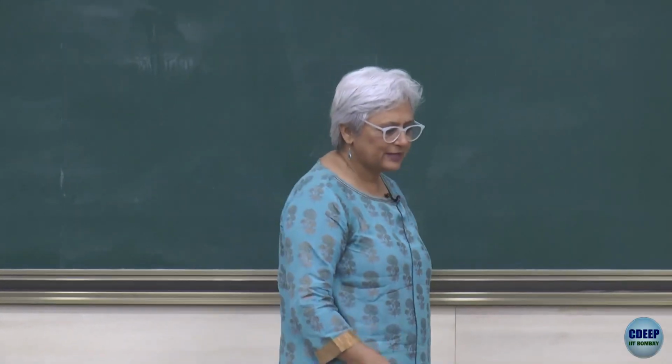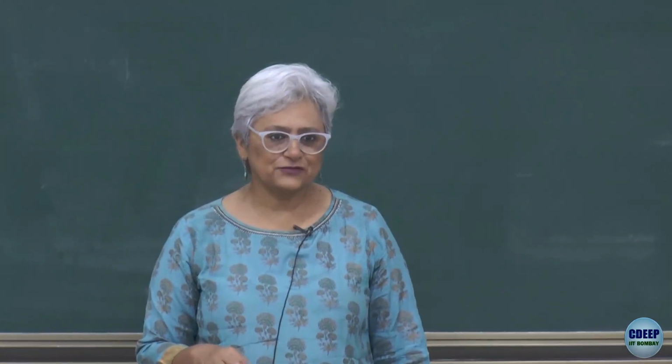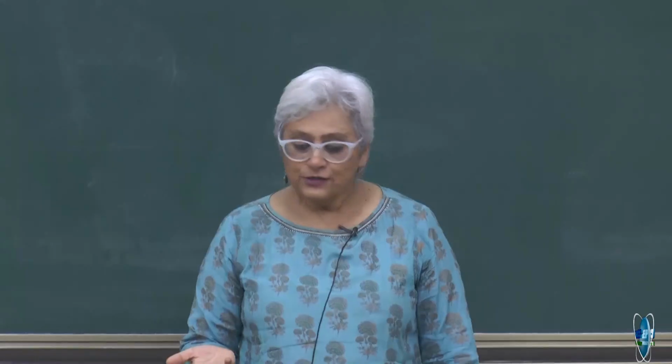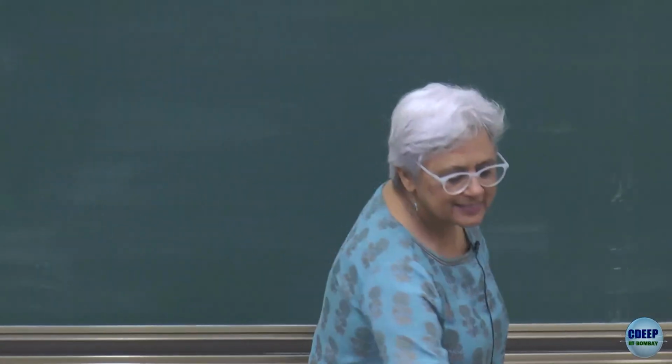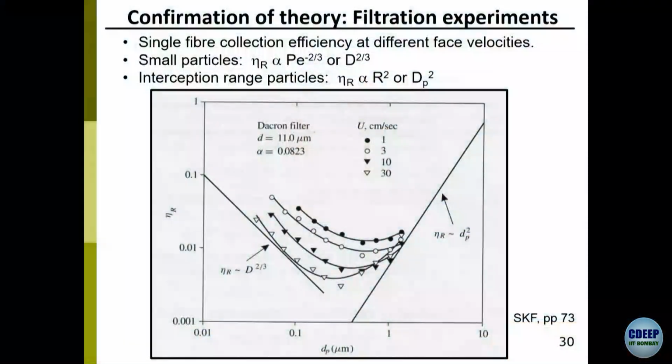Last time we had looked at convective diffusion, which is diffusion from flowing fluids to intercepting objects, and the most ideal objects of course are right cylinders and right spheres.